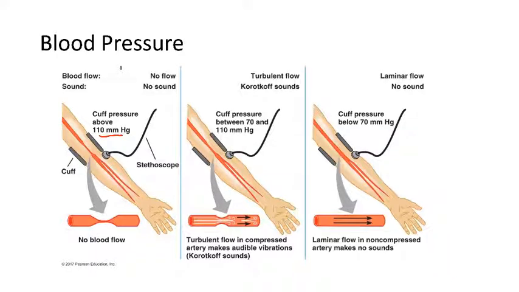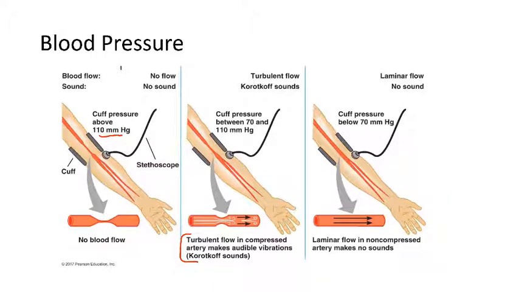And when the pressure in the cuff matches the systolic pressure, we push blood past the cuff. And we get this swirling. It's called turbulent blood flow here. And that makes the audible thumping sound. And you'll hear it go thump, thump, thump, as it comes down, and you're going to release the pressure slowly.